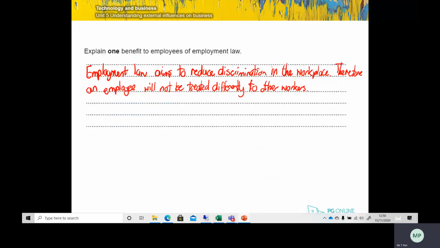Okay, 2 marks. So if you were happy that you weren't being treated differently to other workers, how would that make you feel?